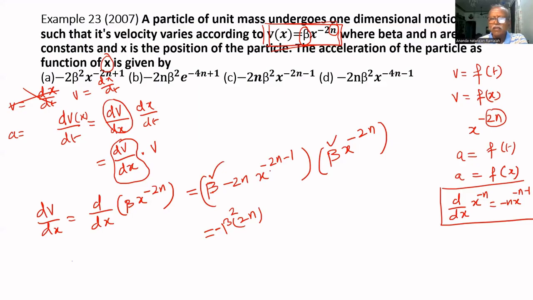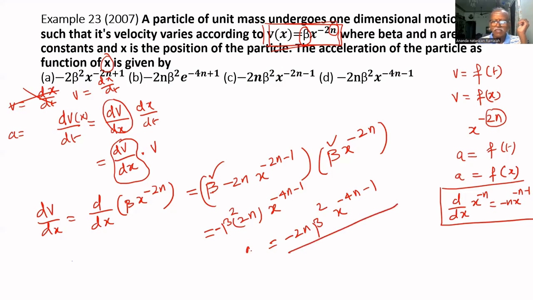X to the power 2n. Here x to the power 2n. That's why it can be written as we have to add the power 4n minus 1. So what you will get is minus 2n beta square x to the power minus 4n minus 1.